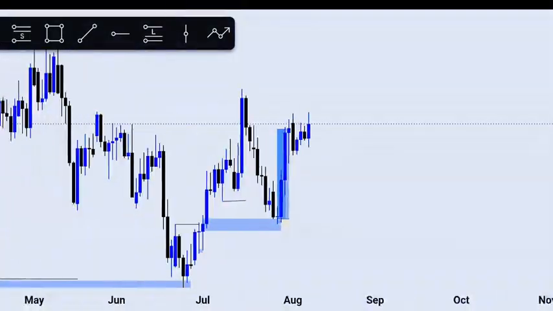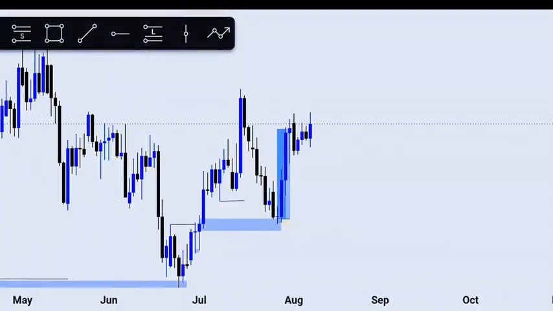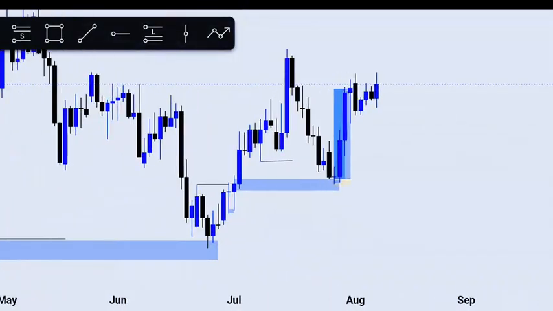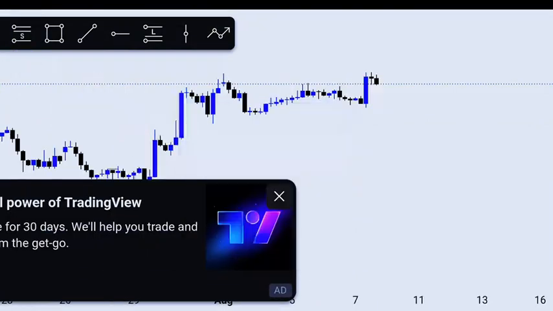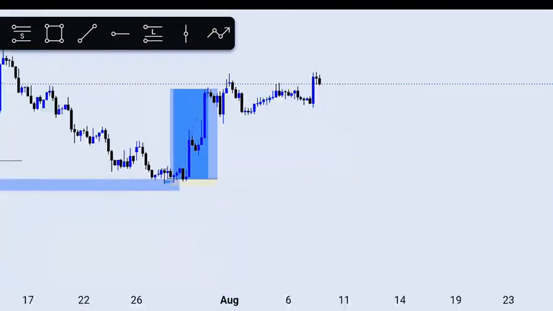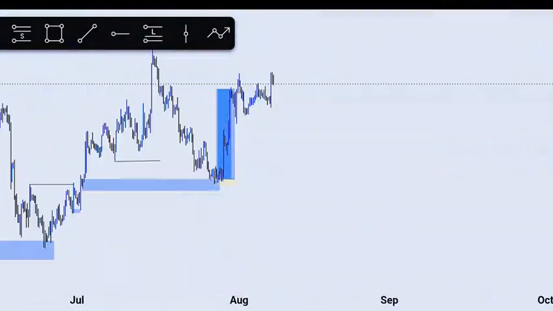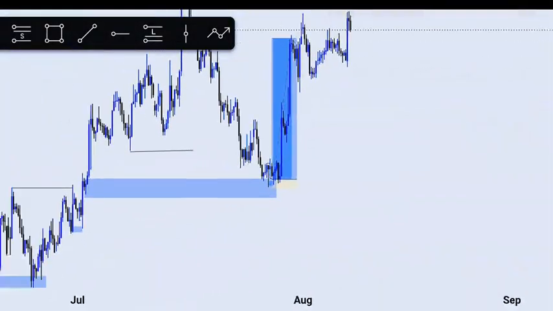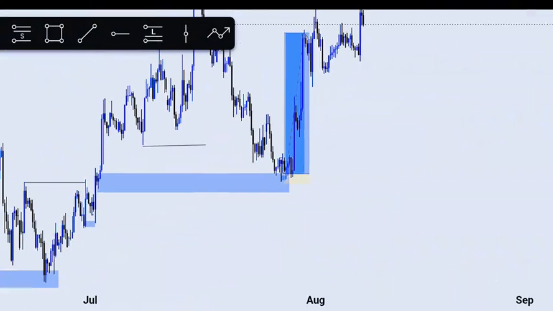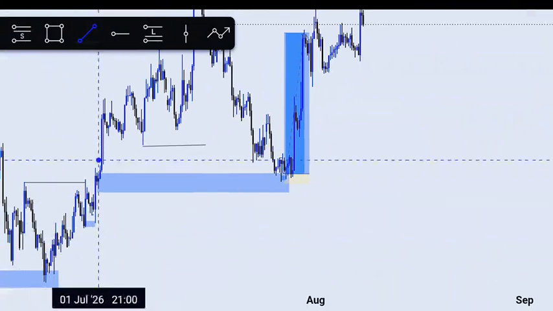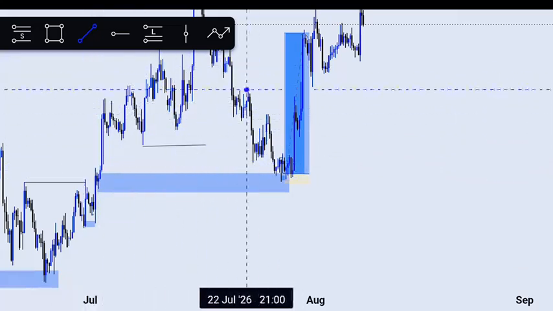After seeing where price was coming from, I then went lower to my lower time frame, just 4 hours. I saw all these internal choppy structures here, which act as liquidity.